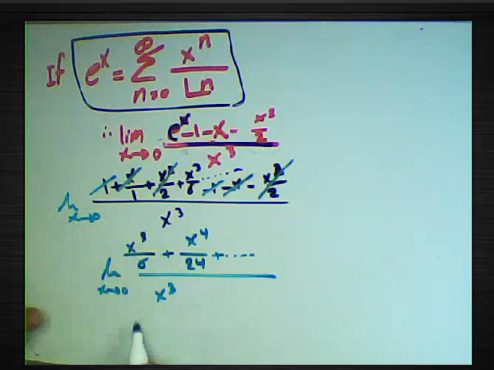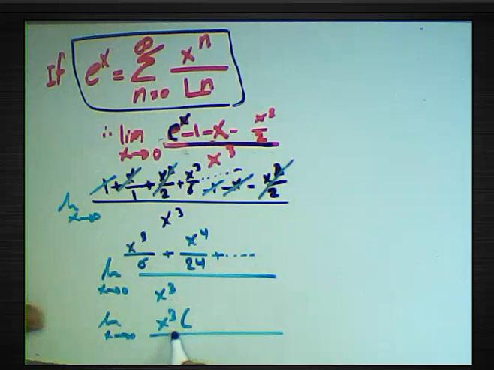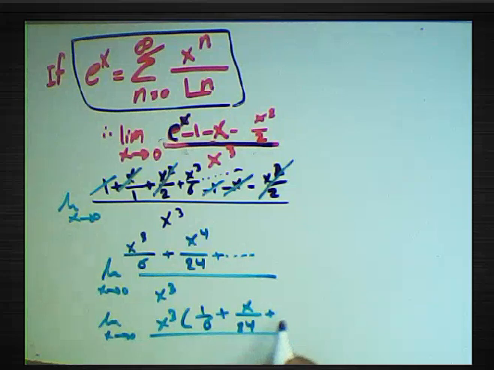Then we can write x cubed as the highest common factor between all terms here. The result will be 1 over 6 plus x over 24 and so on, over x cubed.